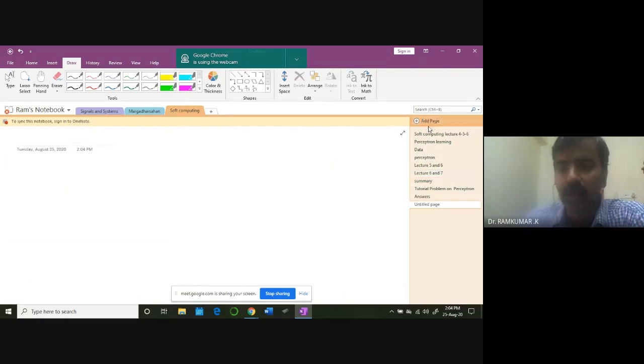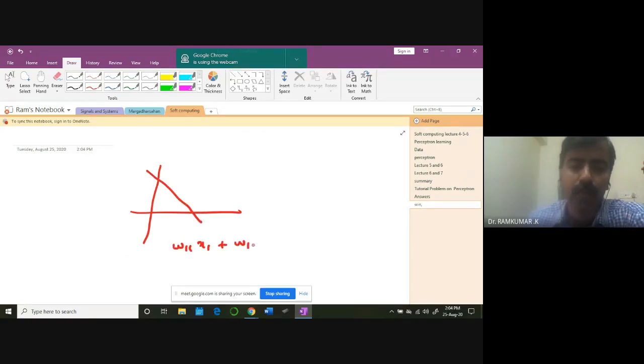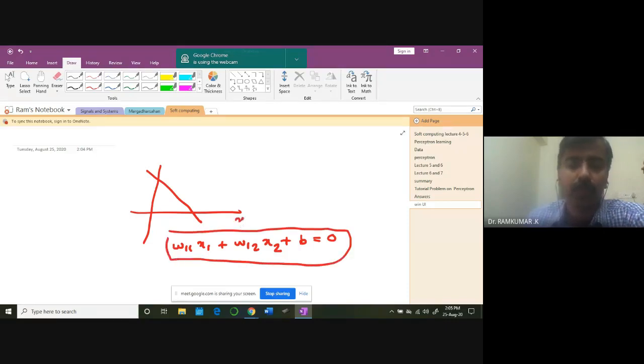For any line, the equation is W11 x1 plus W12 x2 plus some bias equal to 0. Here this is x1, this is x2, more like x, y. And y is equal to mx plus c is what we want.